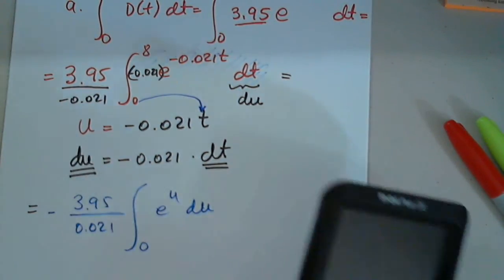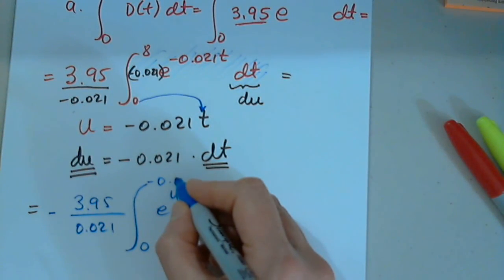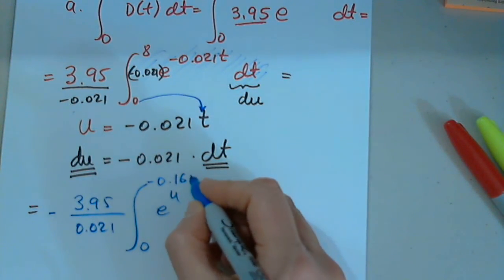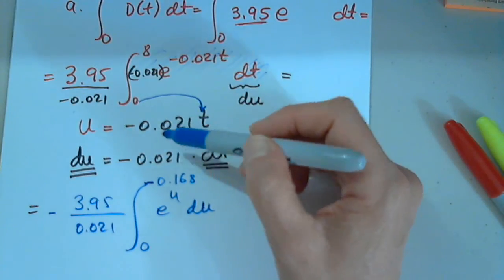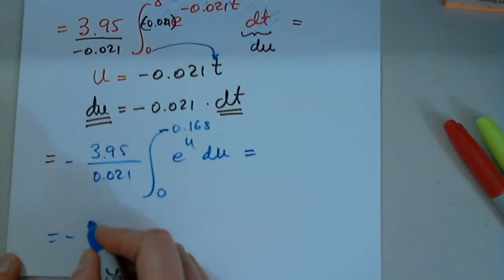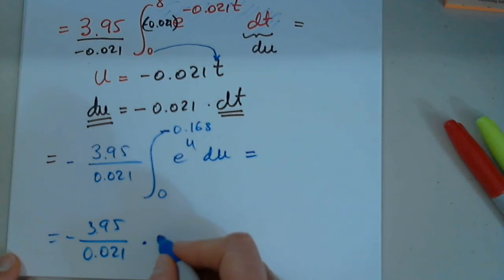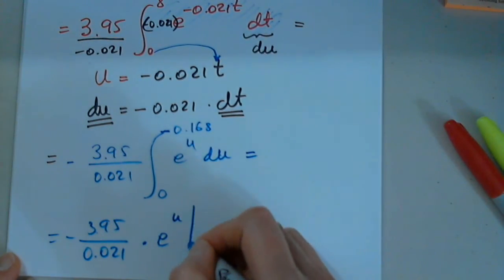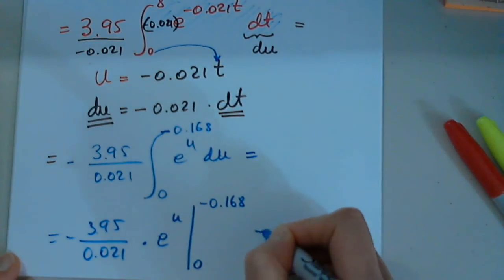Perfect. The other one I don't need a calculator for. It's negative 0.168, so 8 times 1, 8 times 2, and that's it. Good. Keep that number in front: negative 3.95 over 0.021 times e to u from 0 to negative 0.168.